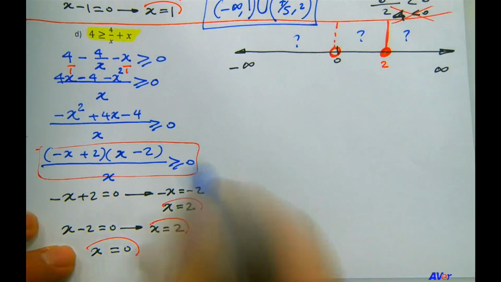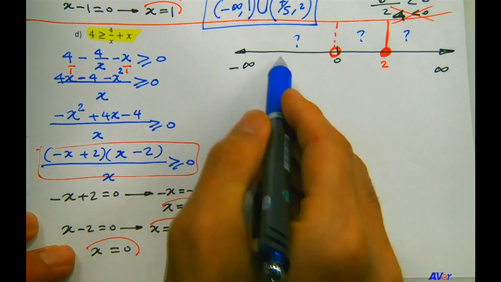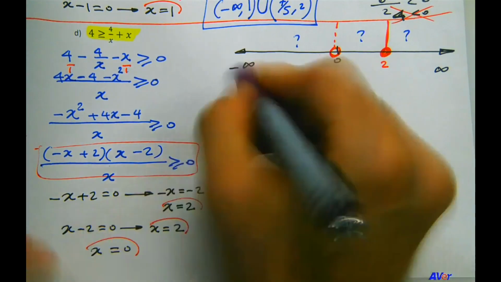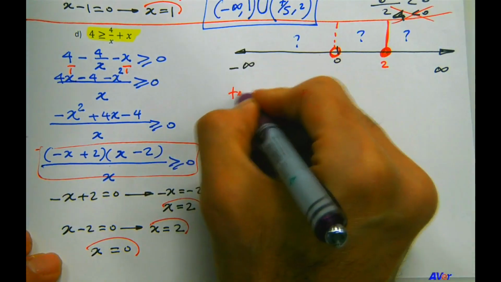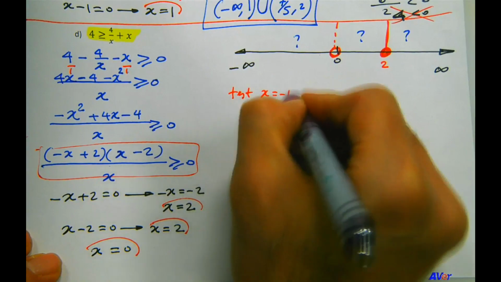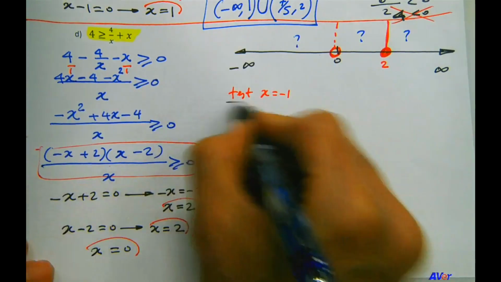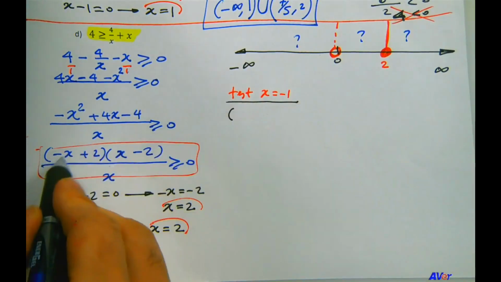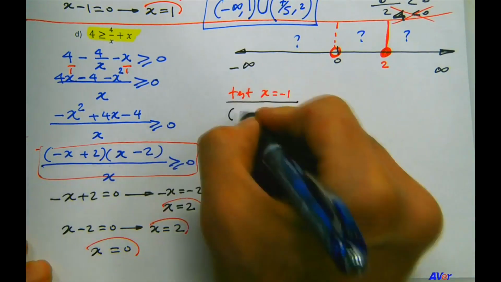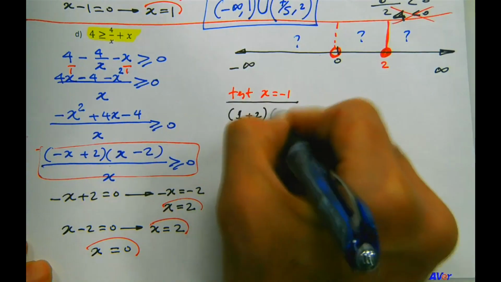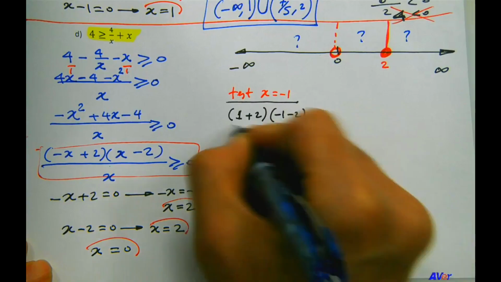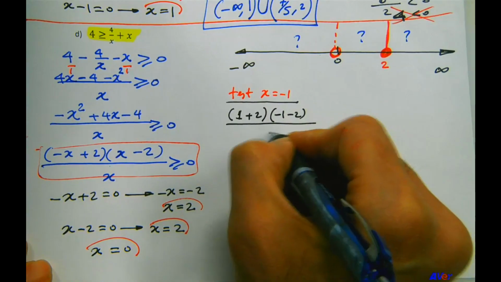All right. Let's test values in this one. Okay. So we're going to test an easy number there, which would be x equals minus 1. Let's plug in. We have minus 1, positive 1, plus 2, minus 1, minus 2, divided by minus 1.